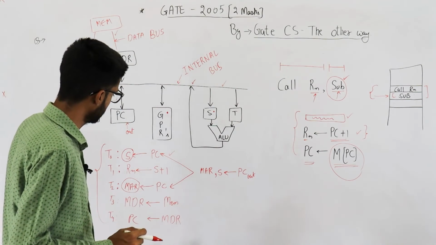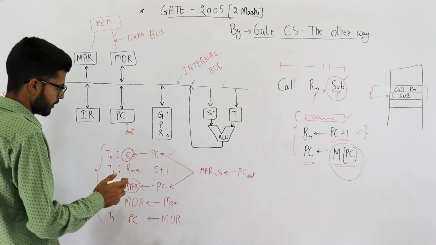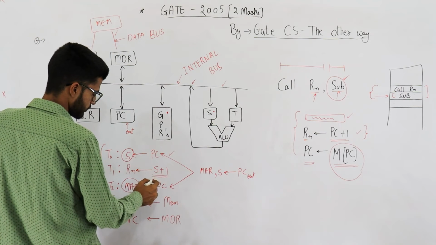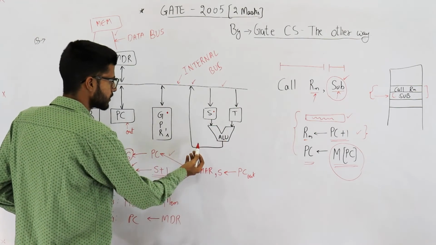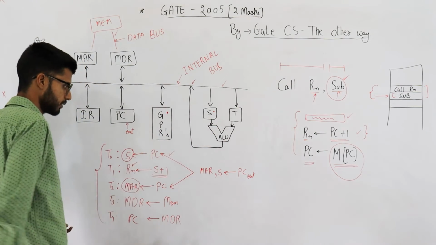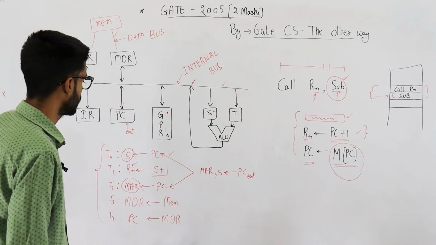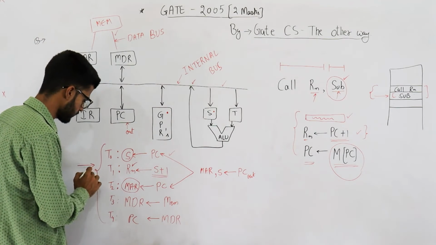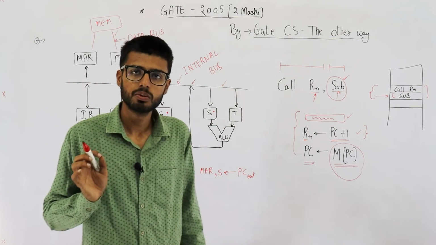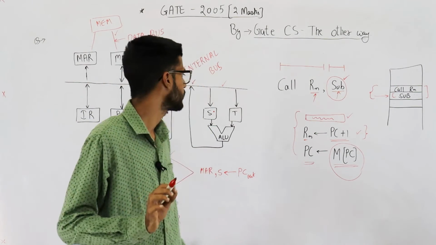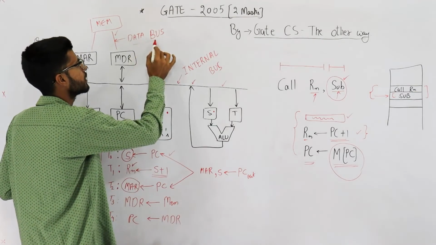Next, this is an ALU operation, and it's also using the internal bus, because the ALU's output is saved into general purpose registers. So this instruction number 1 uses the internal bus. We can do a memory read at the same time, because a memory read is going to need the data bus.